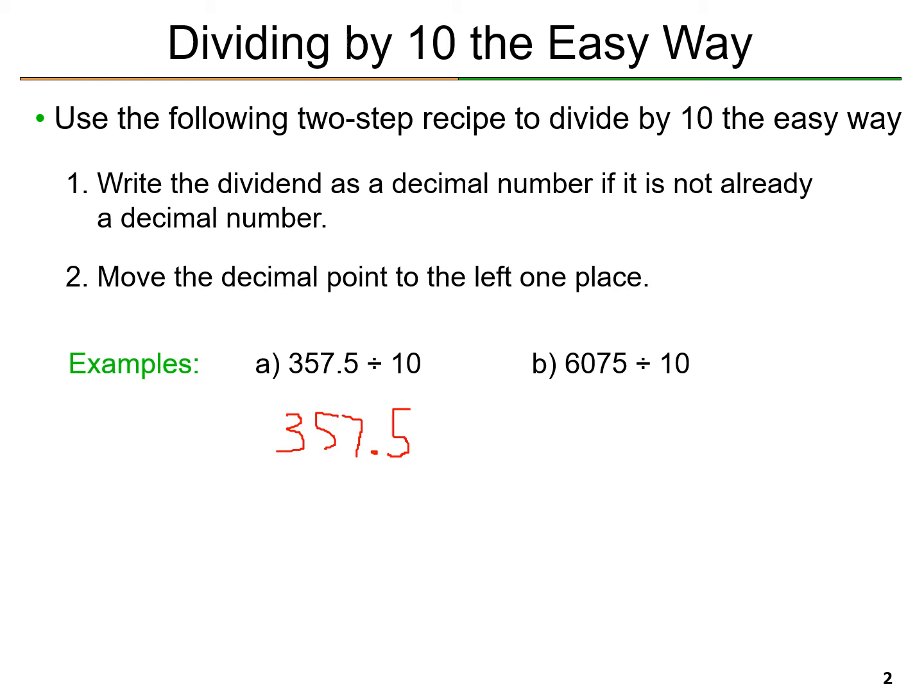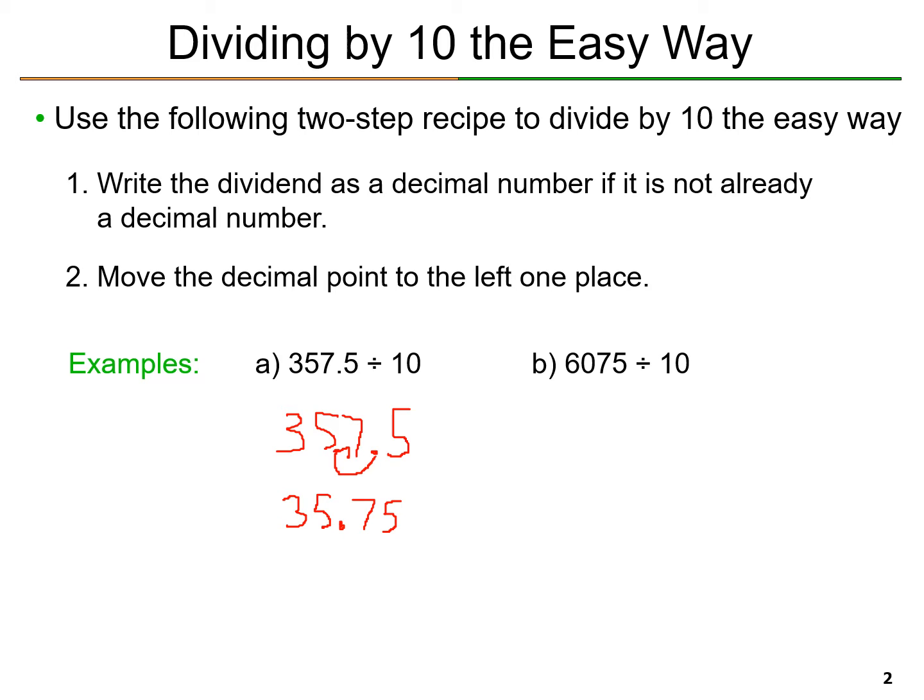In step 2, move the decimal point to the left one place. So we're going to move the decimal point right here. So the answer is 35.75. And that's all there is to it.